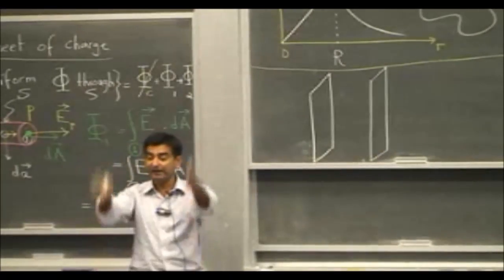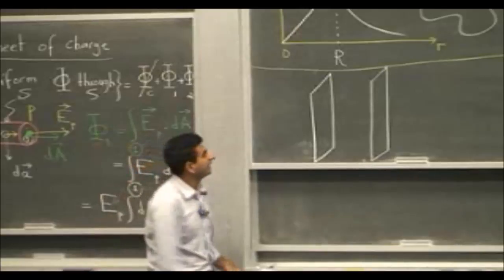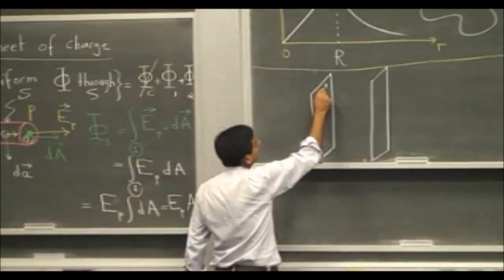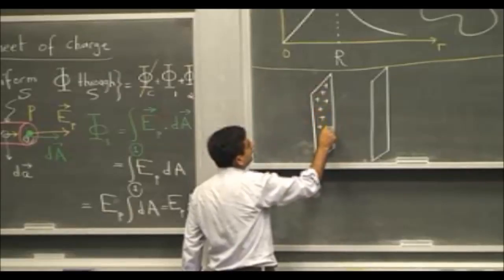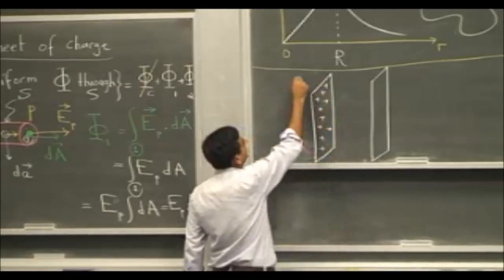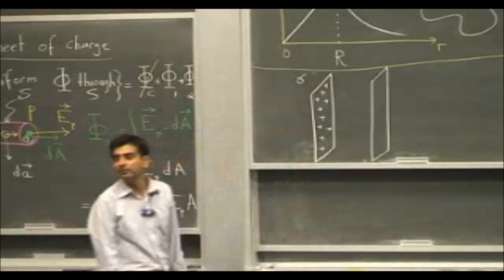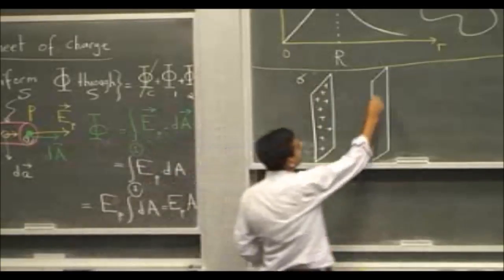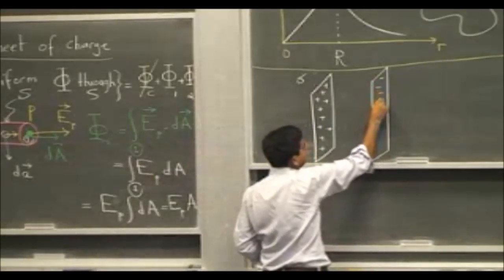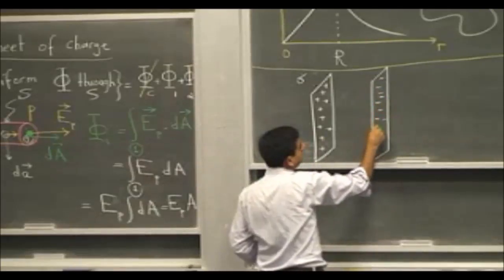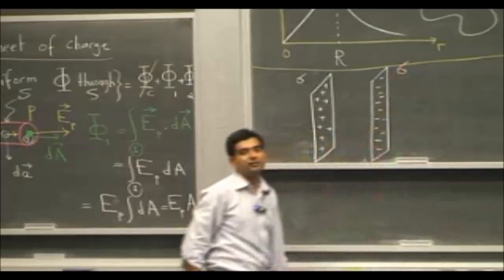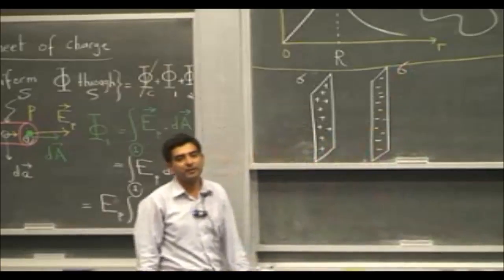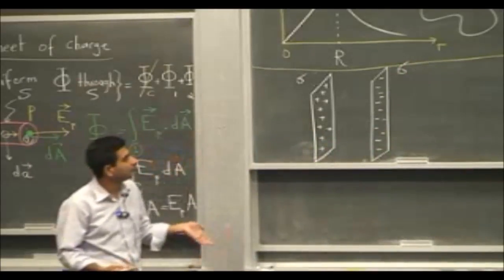They are of infinite size. And this plate is positively charged with a uniform charge density sigma, and this plate is negatively charged also with a uniform charge density of sigma or minus sigma, no matter how you would like to look at it.